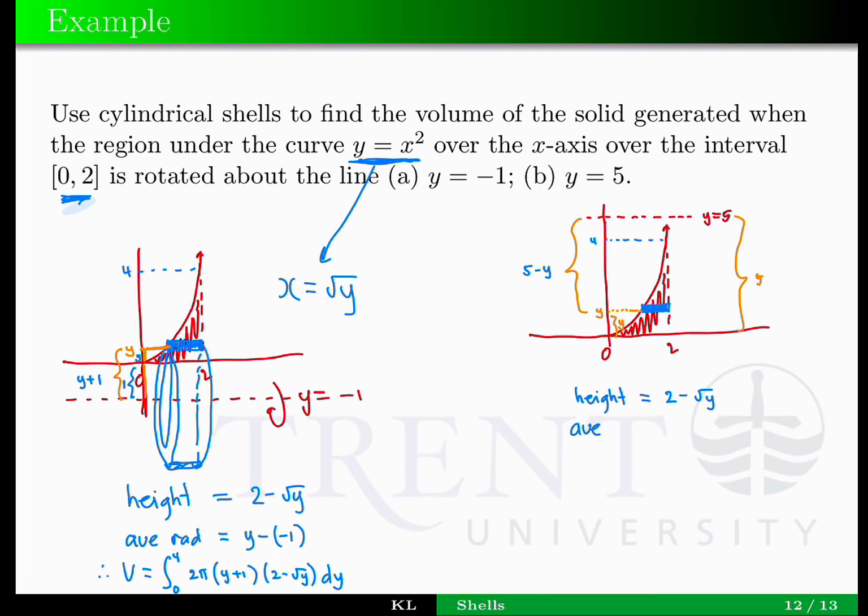So the average radius will be 5 minus y. The strips will still run from 0 up to 4. So the volume will be the integral from 0 up to 4, 2 pi times the average radius, 5 minus y, times the height, 2 minus square root of y, and then the thickness, dy.